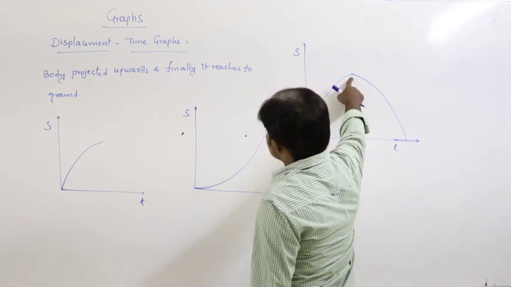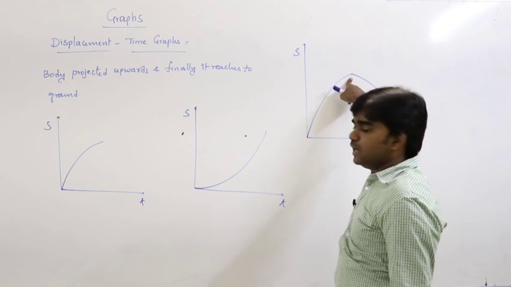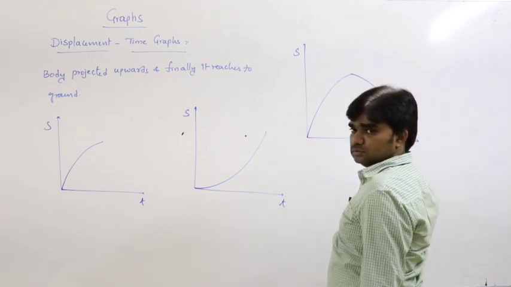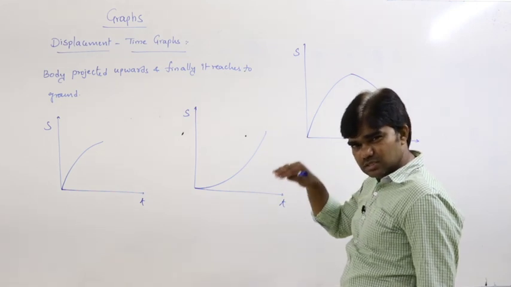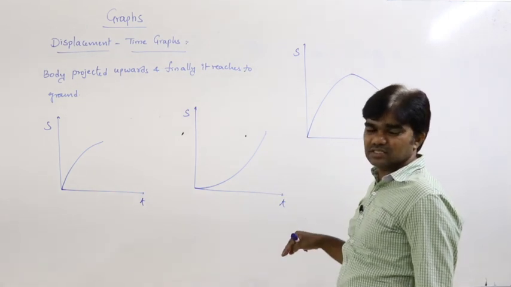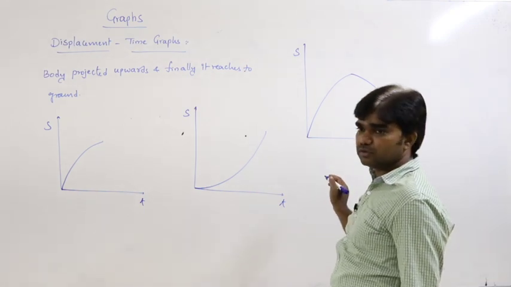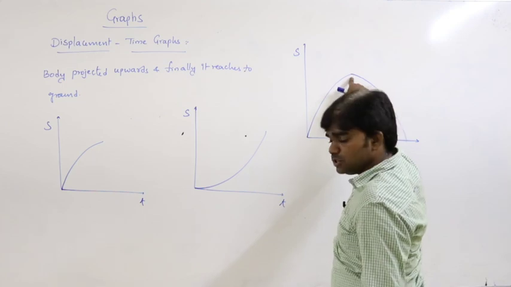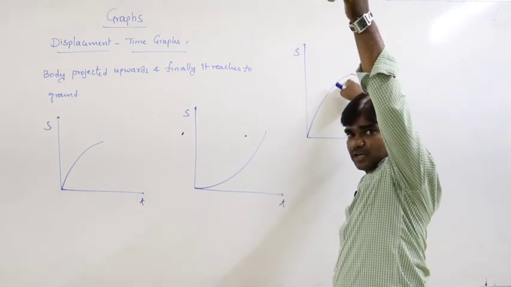The body moves upwards and reaches the maximum height, and again from maximum height, as time increases, displacement decreases. See here, this is the shape of the graph. From here to here, the body reaches the maximum height, which means displacement is maximum.